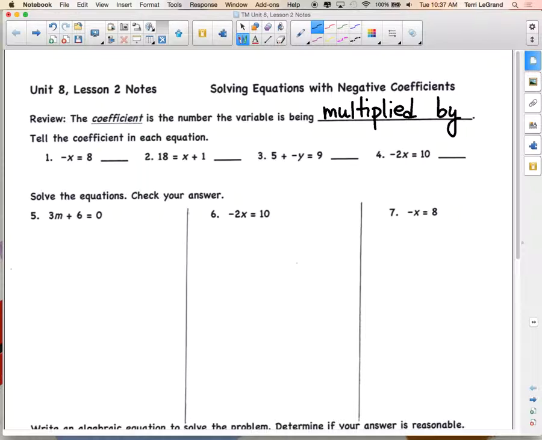I want everybody to put down some sort of answers. And then I'll take 4 different volunteers to go in and fill in a blank up there.